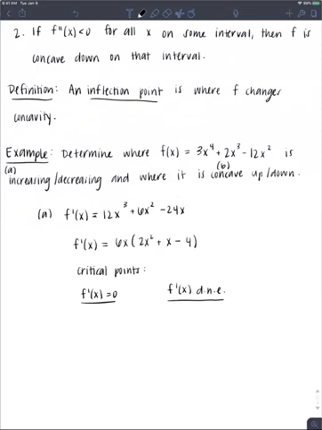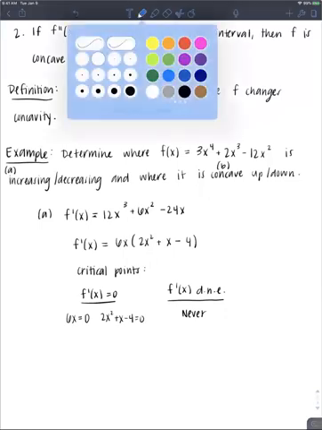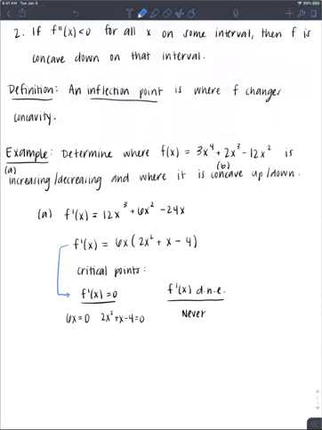It's a polynomial, so no, never undefined, so that's fine. But what I'm going to have is 6x equals 0, and also 2x squared plus x minus 4 equals 0, because I'm just bringing this down here and using the zero product property. So here, x equals 0.